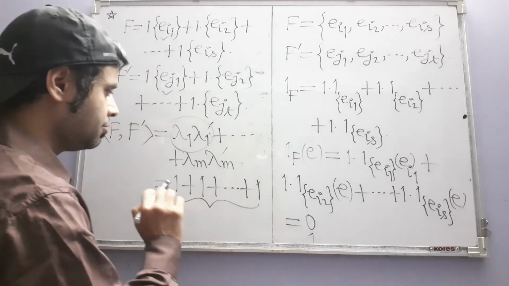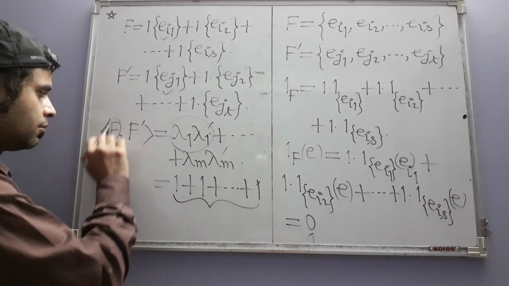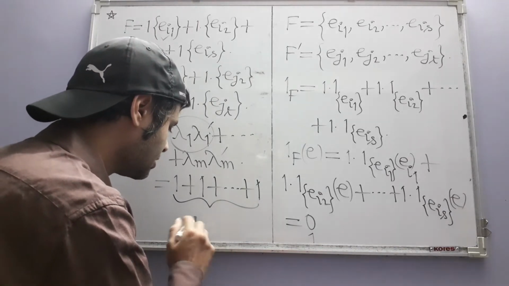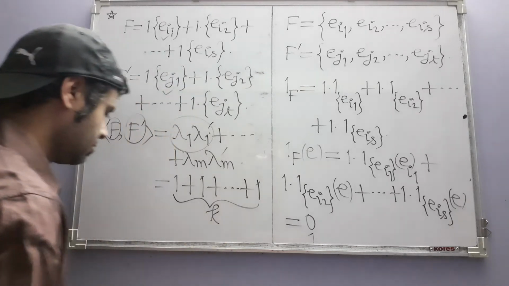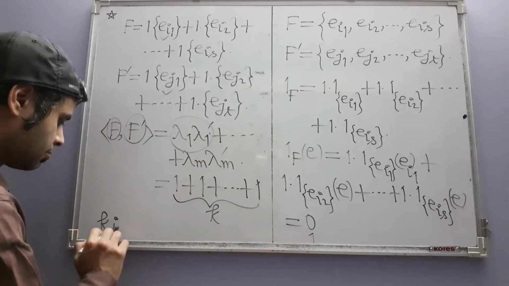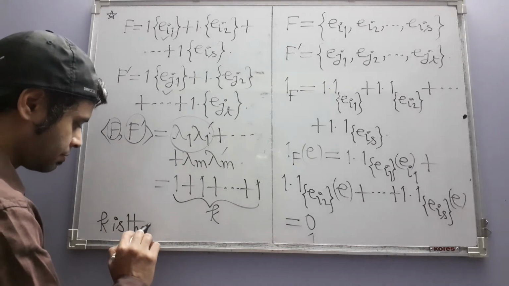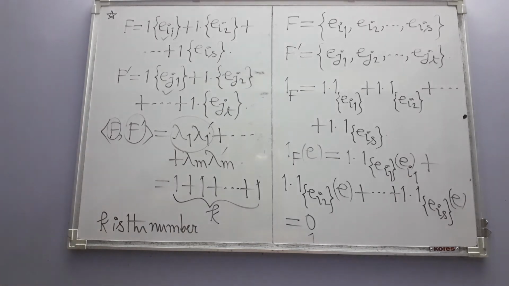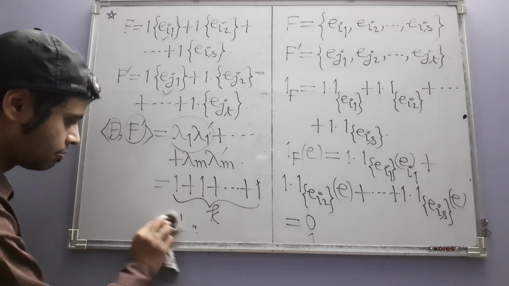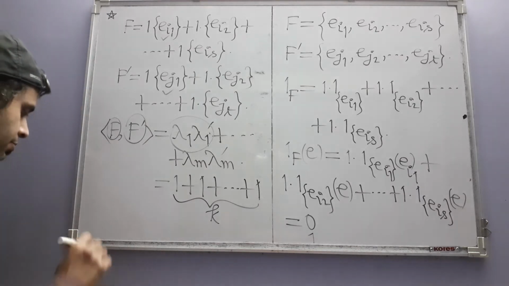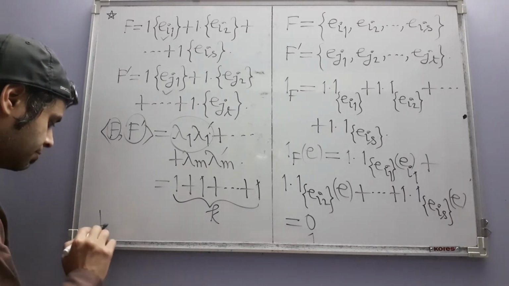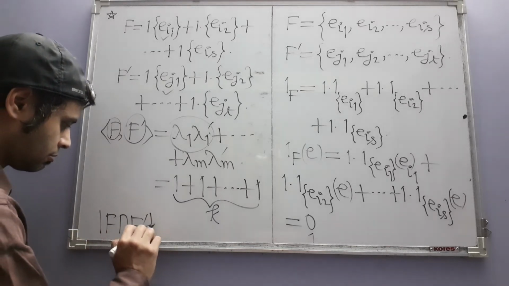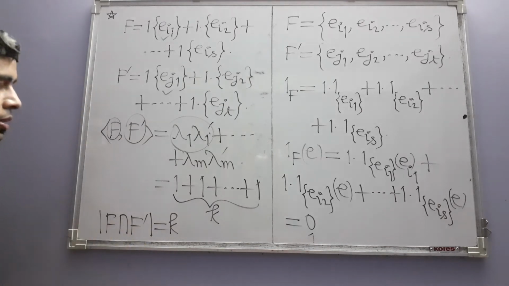As many edges as you have common to both F and F prime. So this number is something, say K, then K is the cardinality of the intersection of F and F prime.